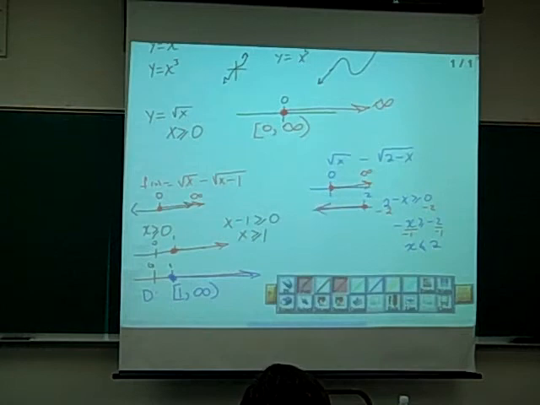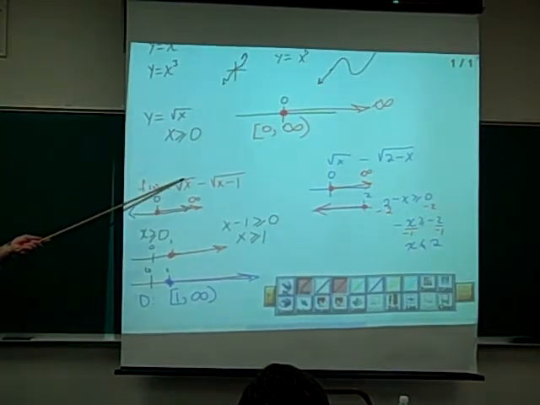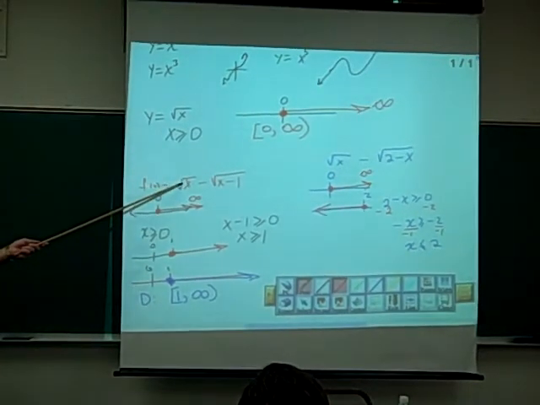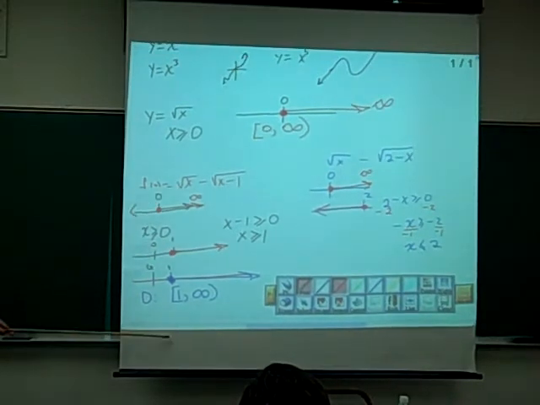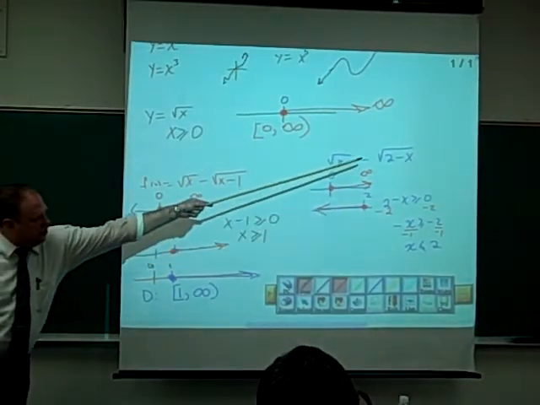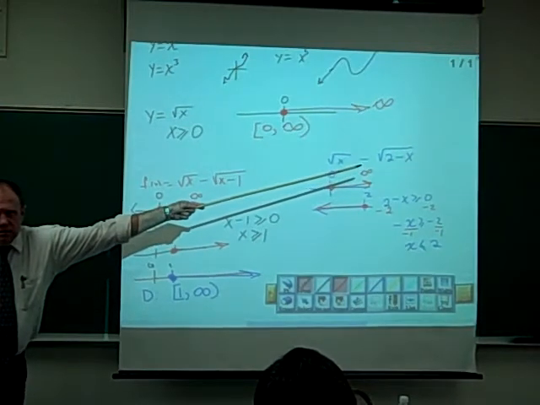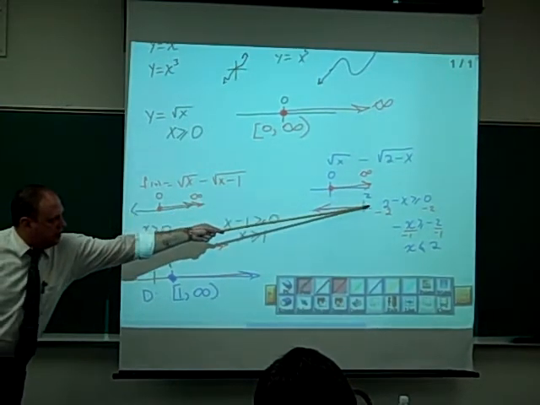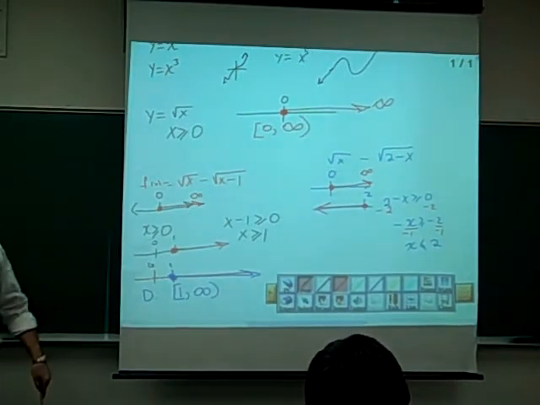Less than that, so we cannot have anything less than 0, because that'll give us a negative. Negative 1 would give us a negative in the first one. We cannot have anything greater than 2, because if we put a 3 in here, that would be 2 minus 3, which gives us a negative.